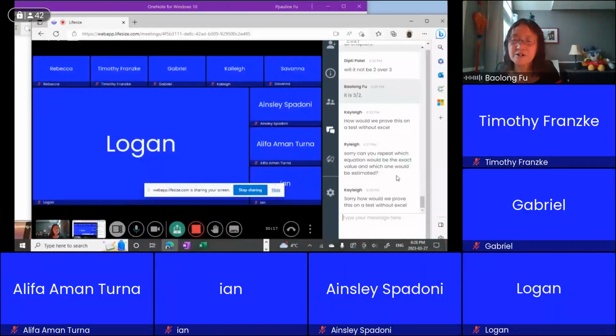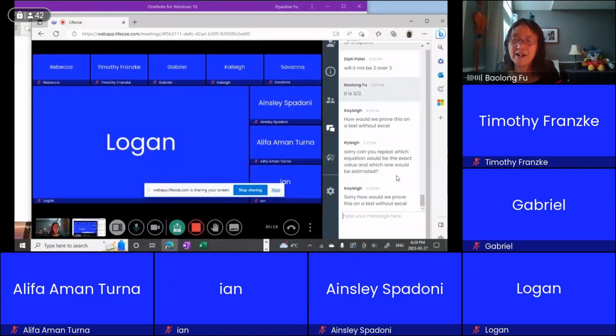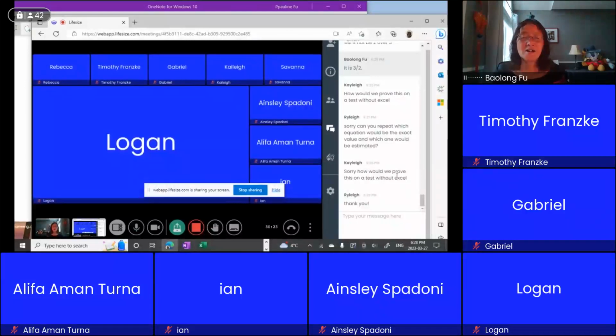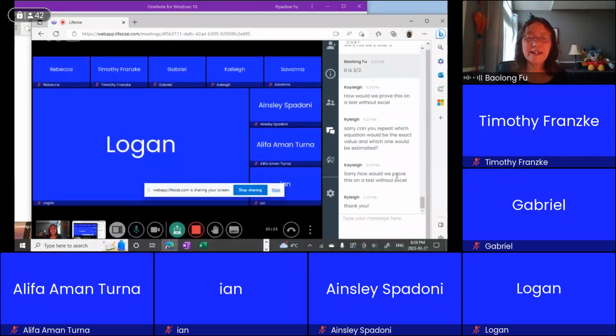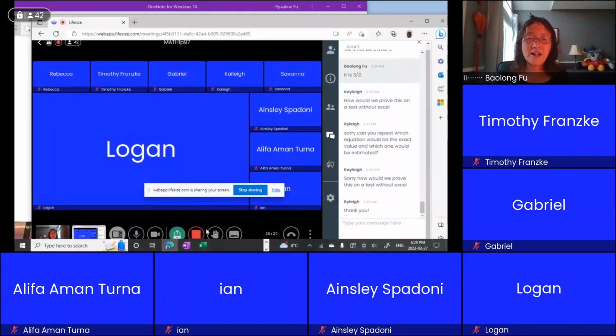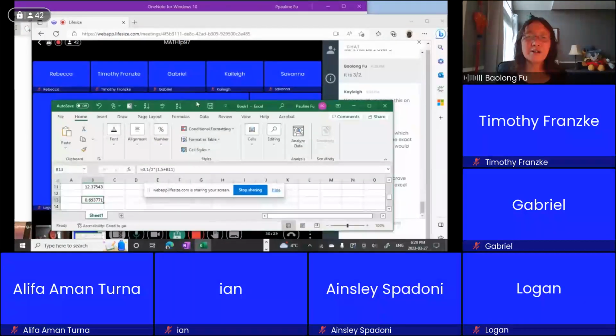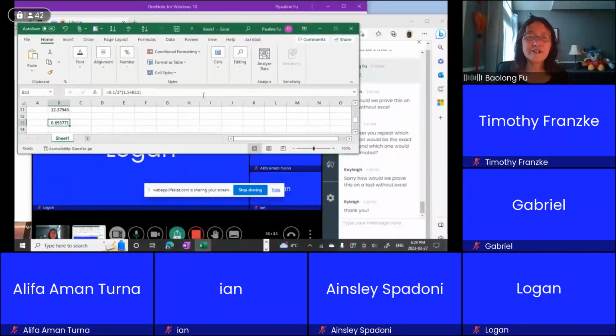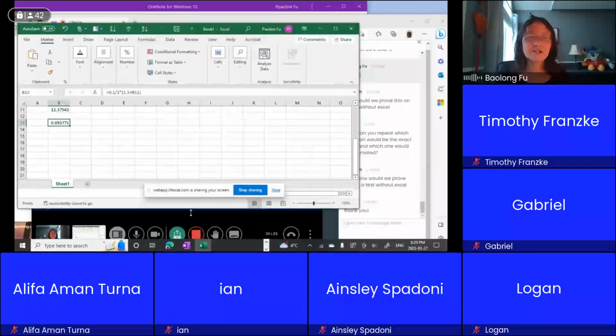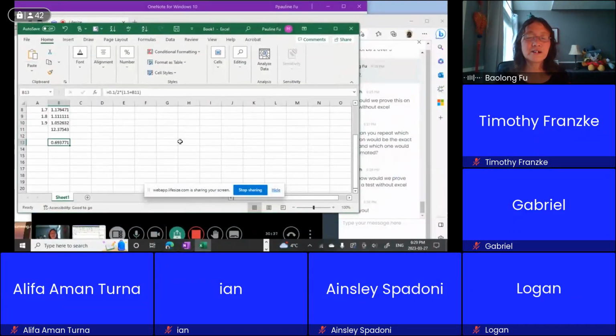Another question, would we prove this on a test without Excel? During the test, unfortunately, I'm not sure if you can. I think you are allowed to use Excel during the test. Can someone confirm whether you could use Excel in test 1 and test 2?